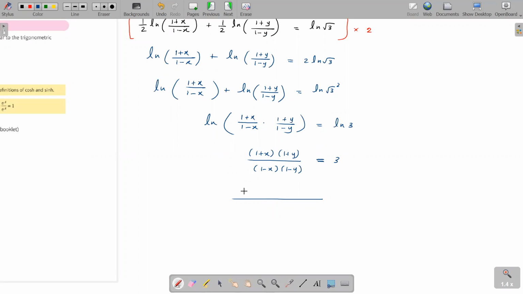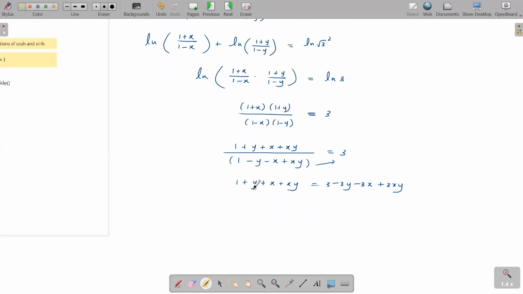So let's expand the bracket and make y the subject. I get 1 plus y plus x plus xy in the numerator, and the denominator is 1 minus y minus x plus xy, equals 3. Multiplying, I take this denominator to the other side and multiply it with 3, and I get 3 minus 3y minus 3x plus 3xy.